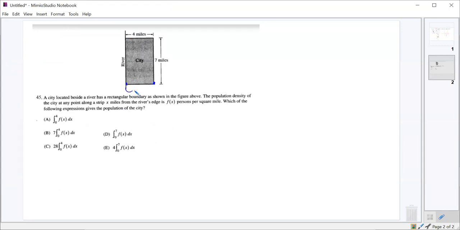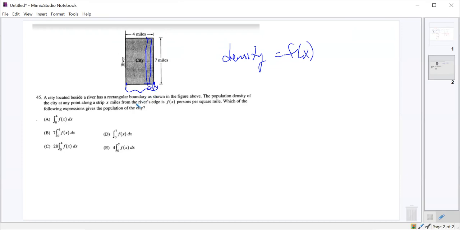Given anything between here and here, the density is f of x. And we know that each strip of land that we're talking about is 7 miles long. It has a very small thickness of dx.